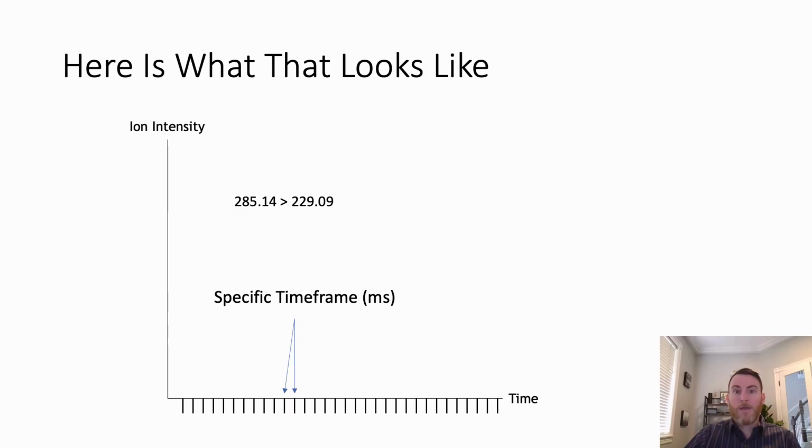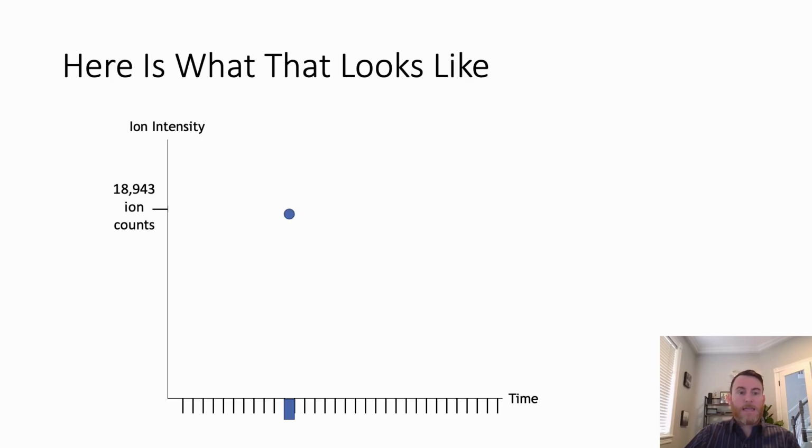And the mass spec goes, okay, I'm going to do it for a very small amount of time, and I'm going to count for this time frame how many ions I was able to find. Ready, set, go, stop. And it counted, in this theoretical example, 18,943 ions that met criteria for morphine.